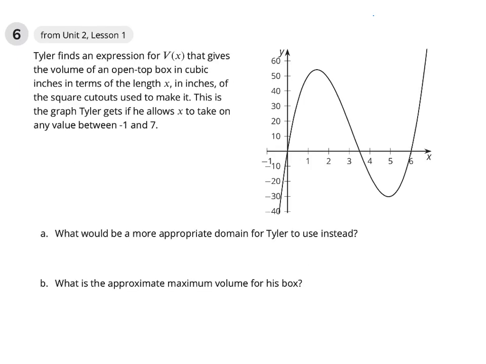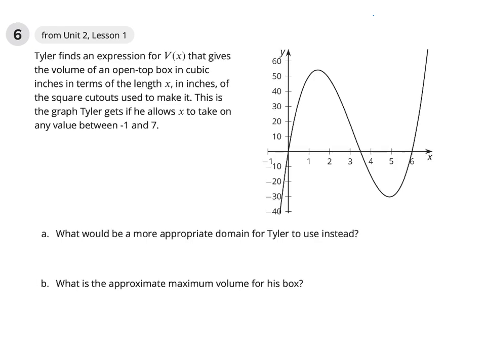Tyler finds an expression that gives the volume of an open top box in cubic inches. Okay, so again, just like in the previous practice problem set, we cannot have negative volume. So our domain has to start at 0 and go to 3.5. So 0 should be less than x, which should be less than 3.5. For the approximate volume, draw a dot at the top, go back.